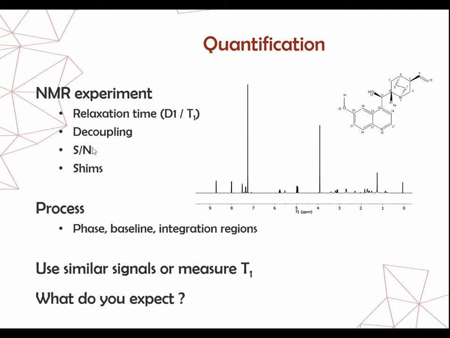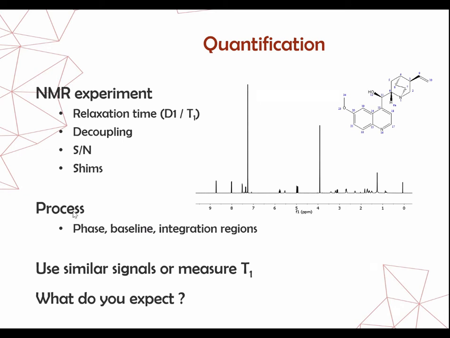And other NMR parameters that are important are shims. You have to get a nice spectrum, and the signal to noise ratio has to be big enough for the integrals to be precise.